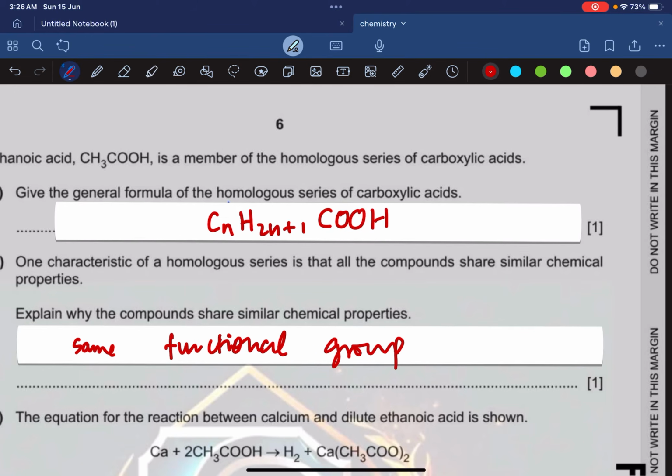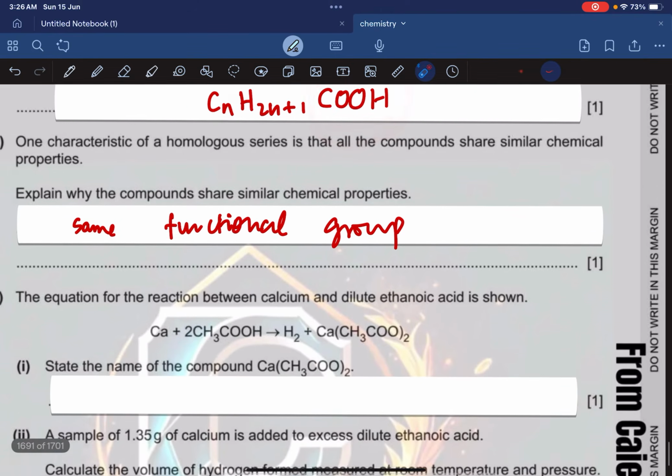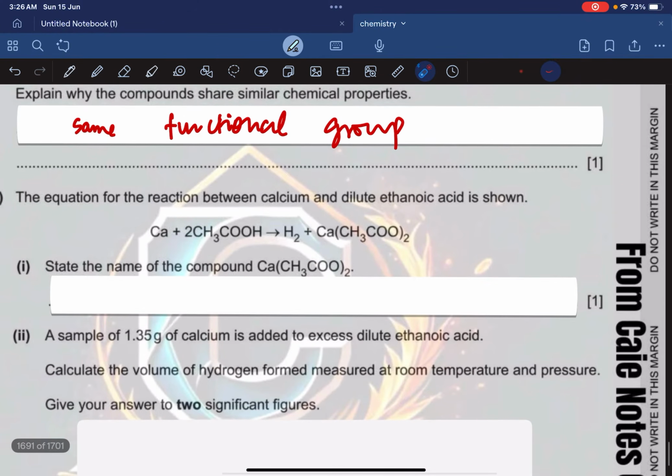All carboxylic acids have this functional group, which makes them an acid. That's why they're going to react with a metal or a carbonate, because of this group. The equation for the reaction between calcium and dilute ethanoic acid is shown. We know calcium, being a metal, is going to react with an acid to form a salt and hydrogen gas. State the name of the compound Ca(CH3CO2)2.